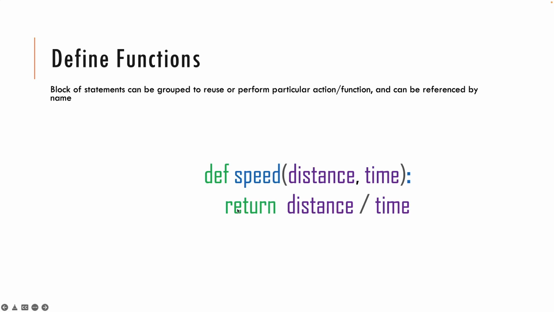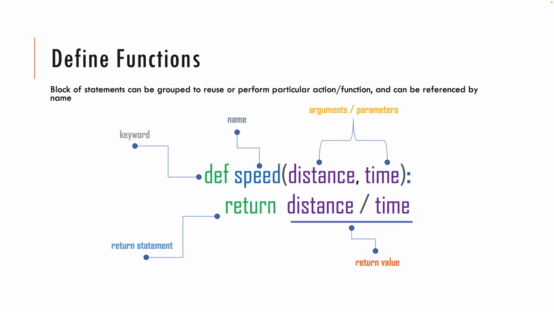The anatomy of a function here: the def keyword is used to define a function, the name of the function, which is speed in this case, and the return statement, which is used to return a value to the caller, such that the value can be captured and reused later. These are the arguments, which are inputs, and this is the return value.